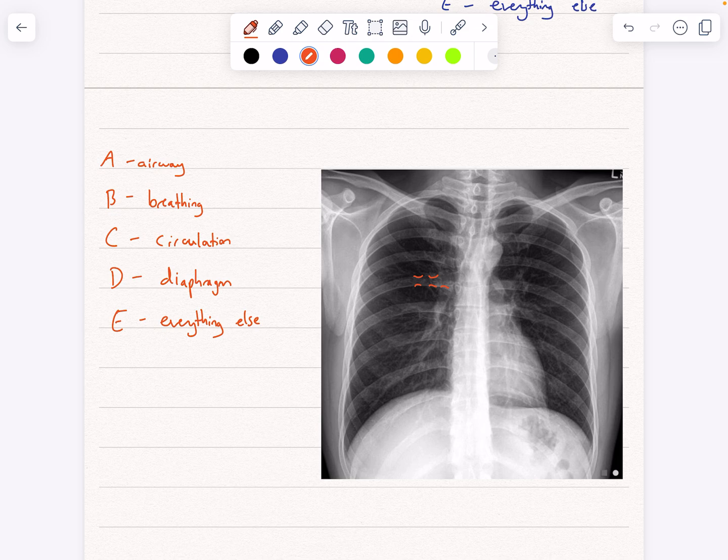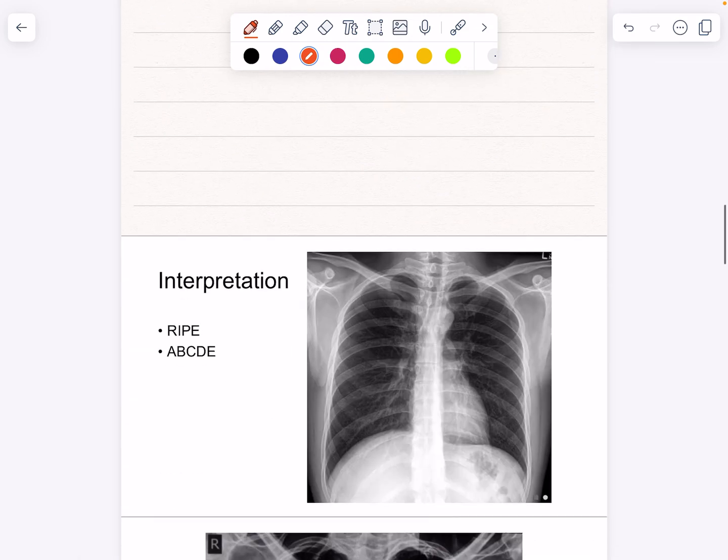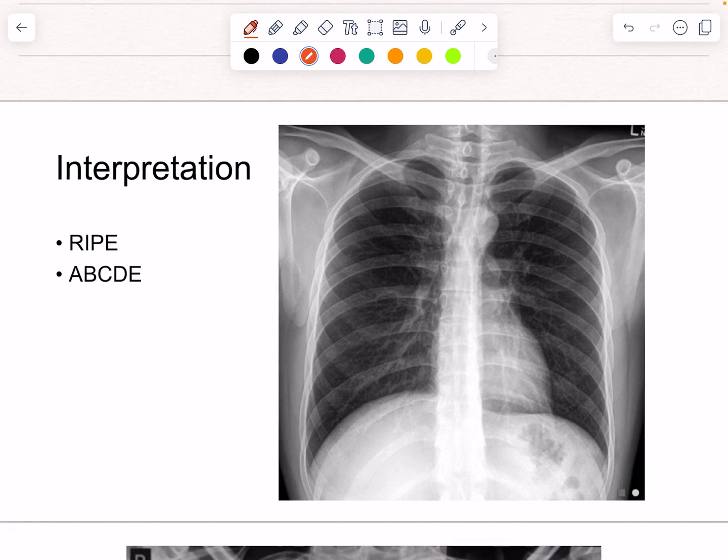Okay, so let's now go through an example. It's the exact same example that we've gone through, but just so you know how it should sound. Okay, so here's the chest x-ray. I will confirm the patient name, the patient's date of birth, and the patient's hospital number.